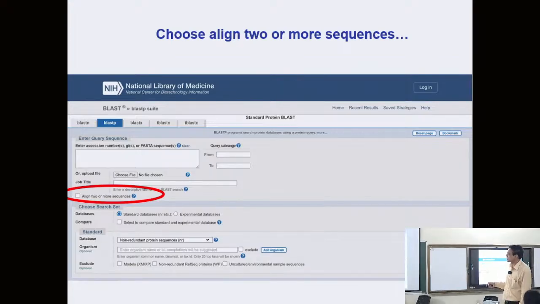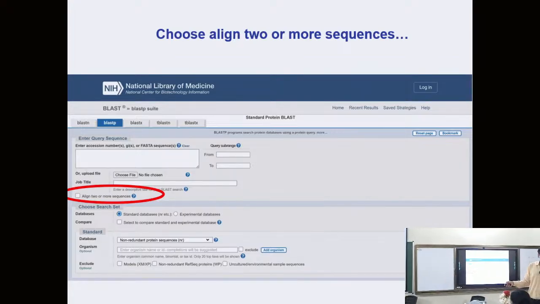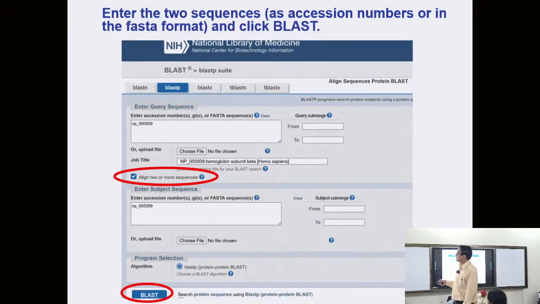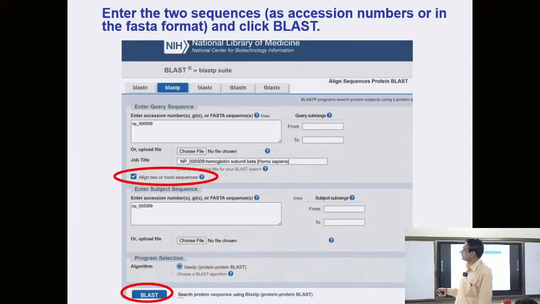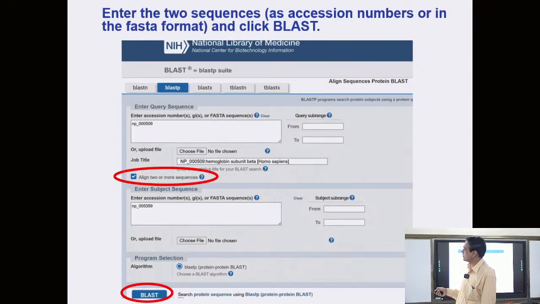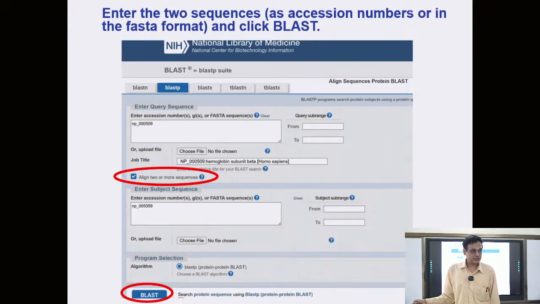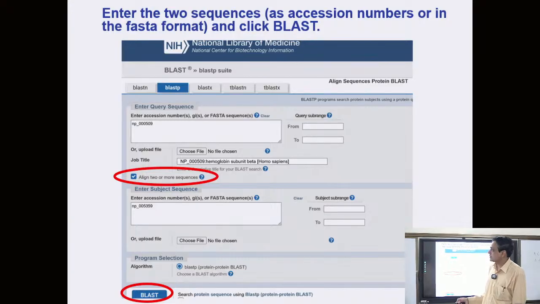So, you would select align two or more sequences, okay, and then you would input in these two boxes the accession numbers of these proteins. The first one is beta globin, the second one is myoglobin, and then BLAST.